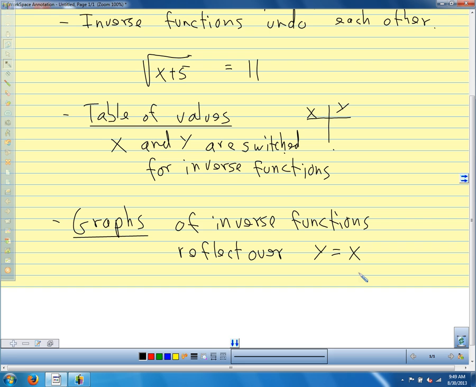That has to do with that idea of perpendicular, because if we draw a line from the function to its inverse, it's perpendicular to the line y equals x. Let me draw an example of this reflection so we can visualize it. For a table of values, we're switching the x's and y's. For graphs, we're flipping over the line y equals x.